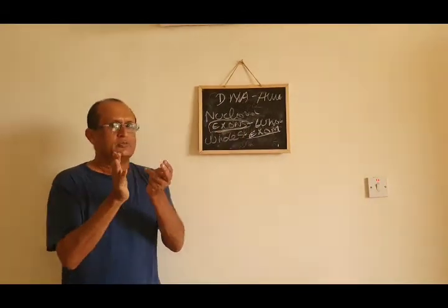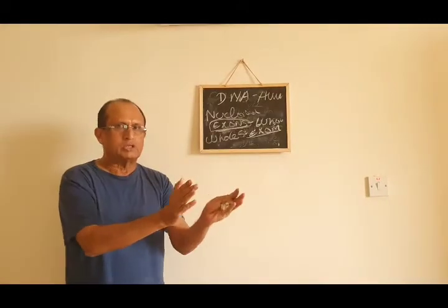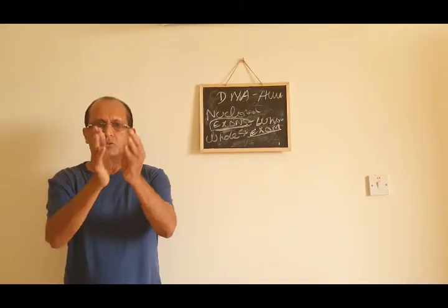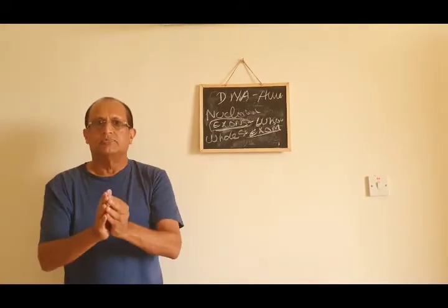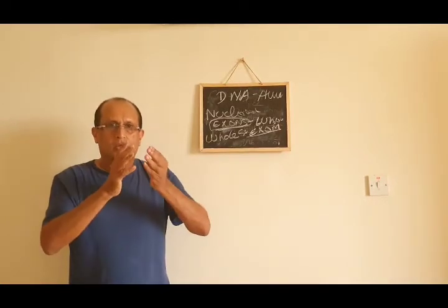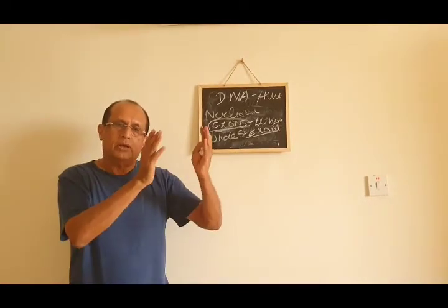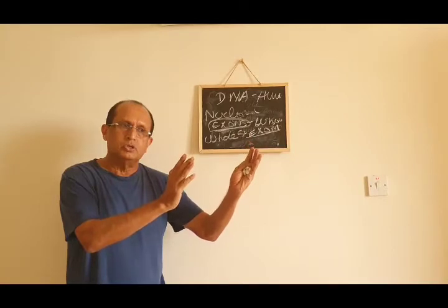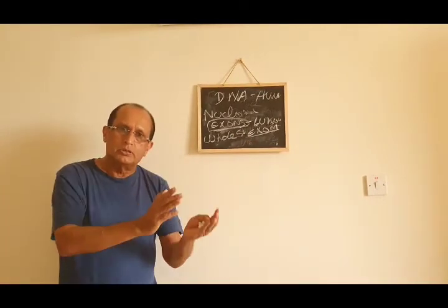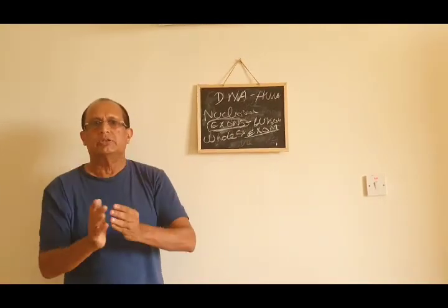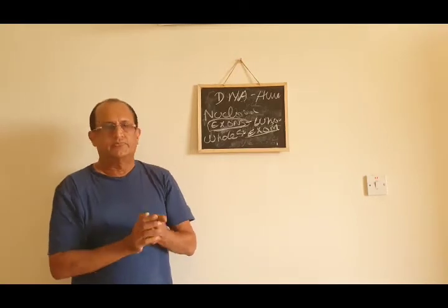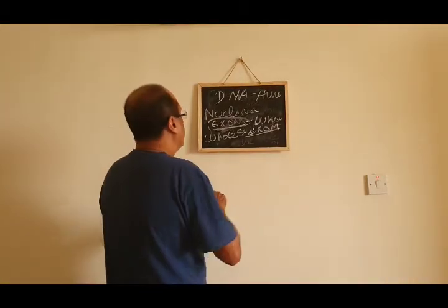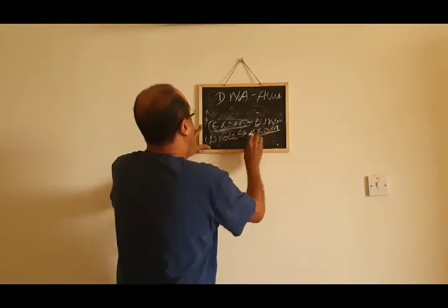So there are two types of DNA sequencing: whole exome sequencing, where you study only the exons and the mutations, and whole genome sequencing, where you study the whole genomic DNA, including the non-coding portions like introns.